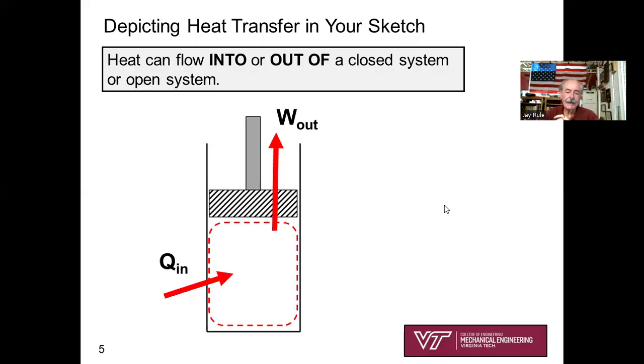Notice how that arrow is passing across the system boundary. It's not just pointing into it, it's crossing the system boundary. Similarly, from previous work, I'm showing that the closed system is doing work, with a big fat W out, work out arrow, and it's crossing the system boundary. On the heat transfer, remember that heat can flow into a closed system or out of a closed system, and the same applies to open systems as well.